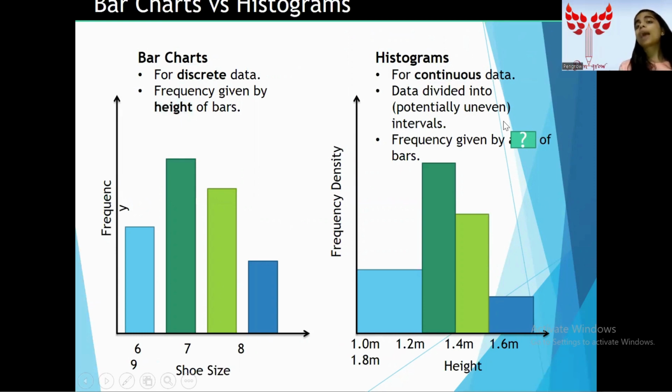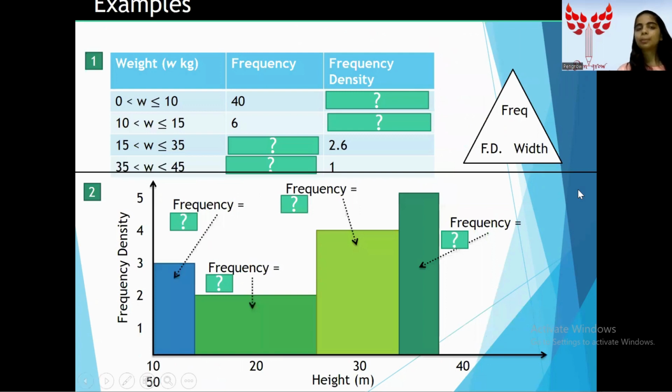In histograms, the frequency is given by the area, because on the y-axis you have frequency density. So how will you get the frequency? That is frequency density multiplied by class width. Class width is on the x-axis, frequency density on the y-axis, length into breadth. That actually is the area of the bar.